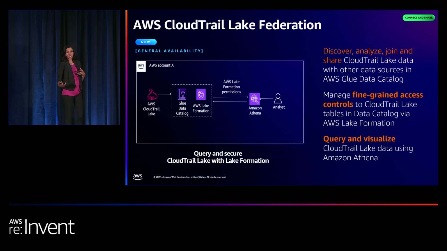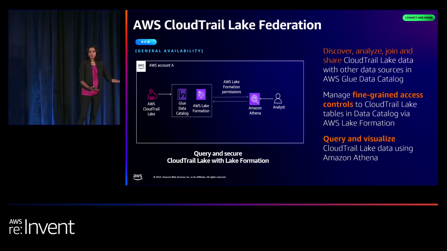So now imagine you have use cases where you say, okay, I have all these security logs, but for some operational or IT use case, I want to be able to run queries or join them with other tables that are not in the CloudTrail Lake, that are, say, in your regular Glue data catalog. Now, with the federation primitive, you can go to your CloudTrail Lake and just say enable federation. That way, your assets in the CloudTrail Lake are exposed as native first-class tables in the Glue data catalog.